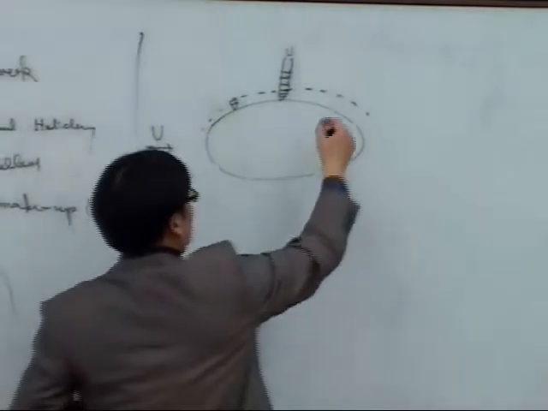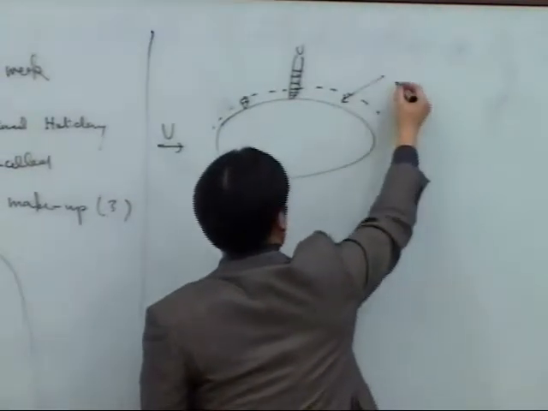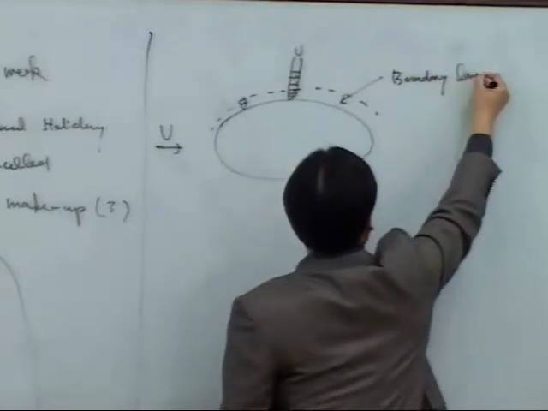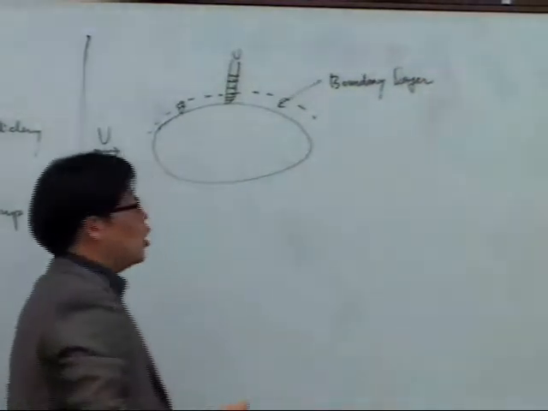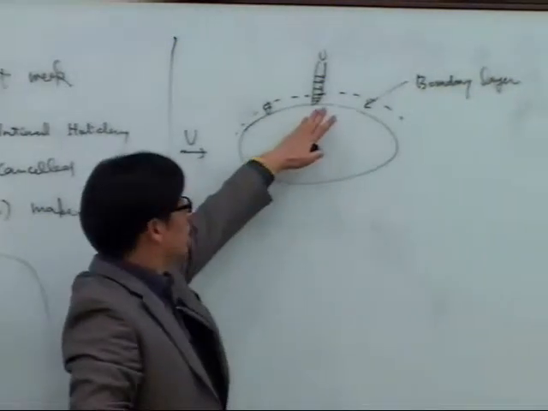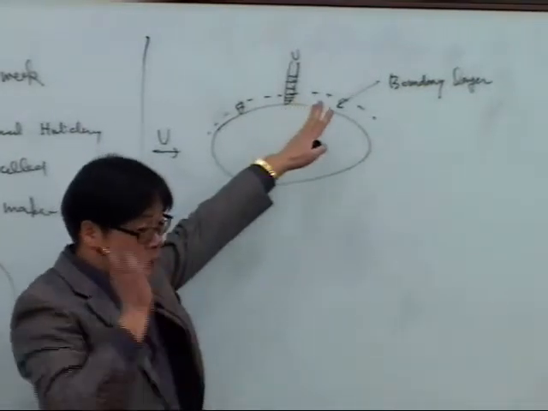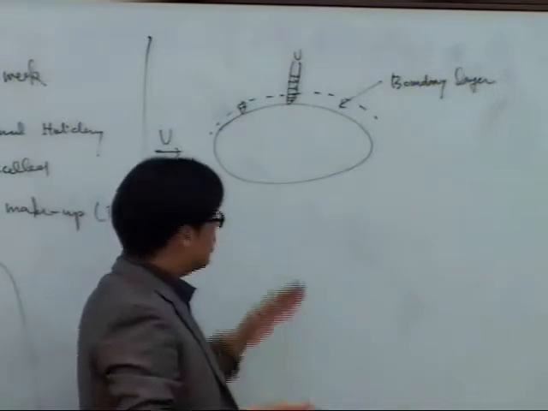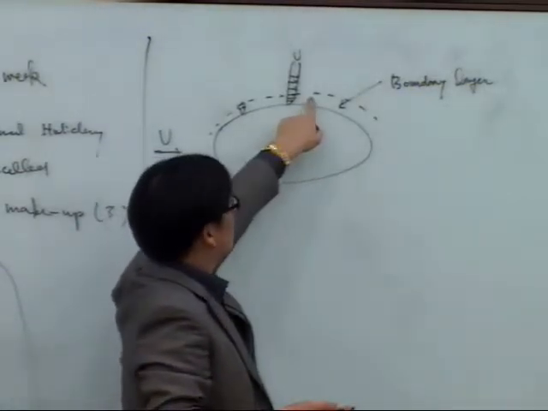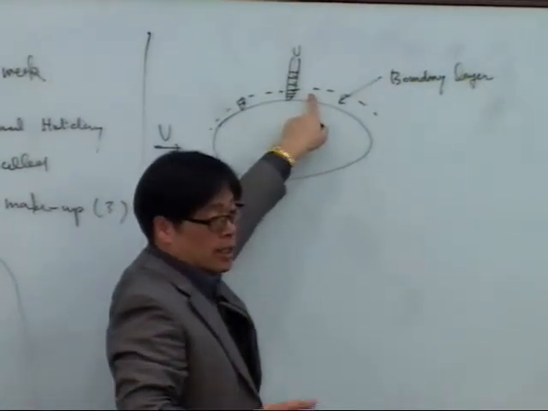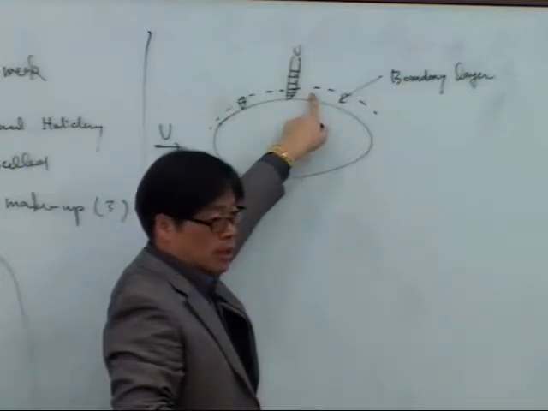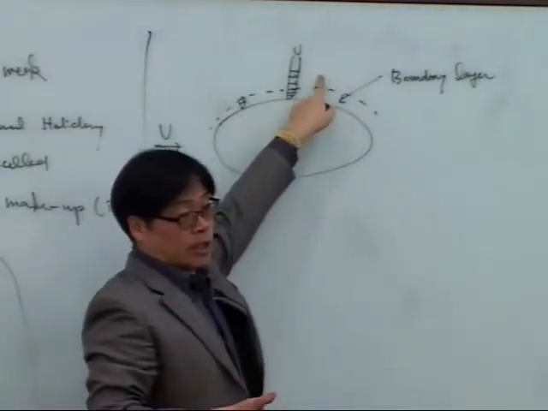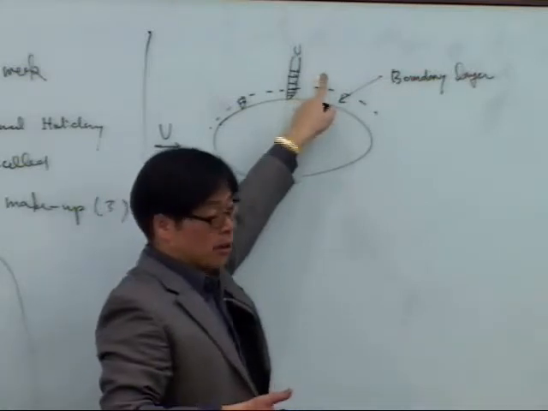So this is a boundary layer, where velocity changes from 0 to some constant value. So you can expect vorticity inside the boundary layer is non-zero, but beyond that, vorticity is almost 0.